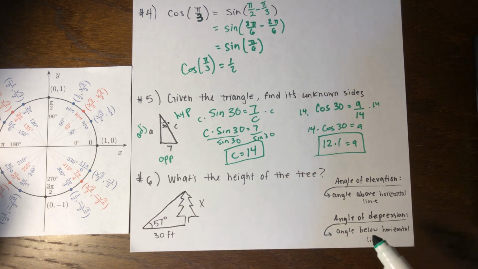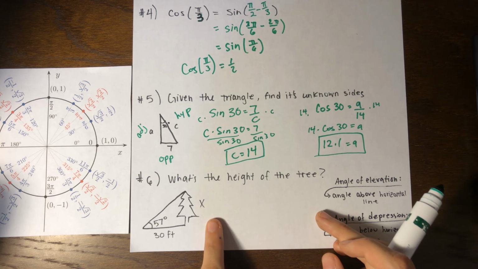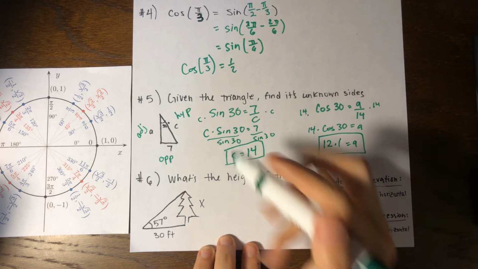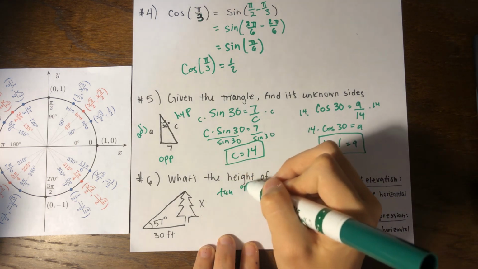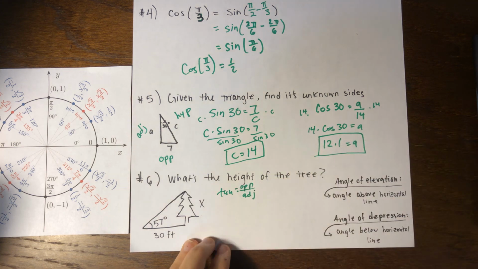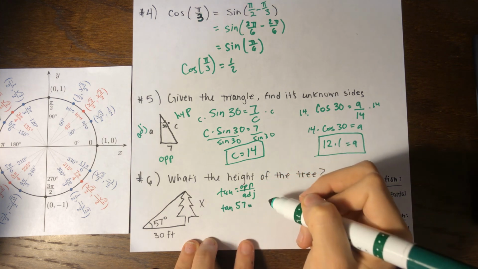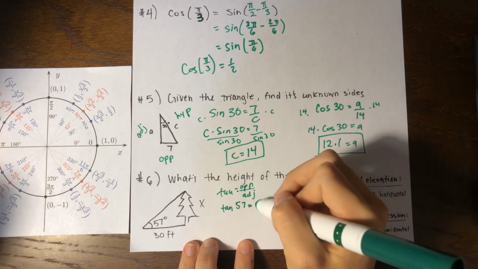What's the height of the tree? So now we have to set this up. This is our last one. So I have my adjacent, and I'm missing my opposite. So opposite and adjacent, that's dealing with tangent. Tan is opposite over adjacent. Right? So I have the tan of 57 is equal to, what's my opposite? I don't know.